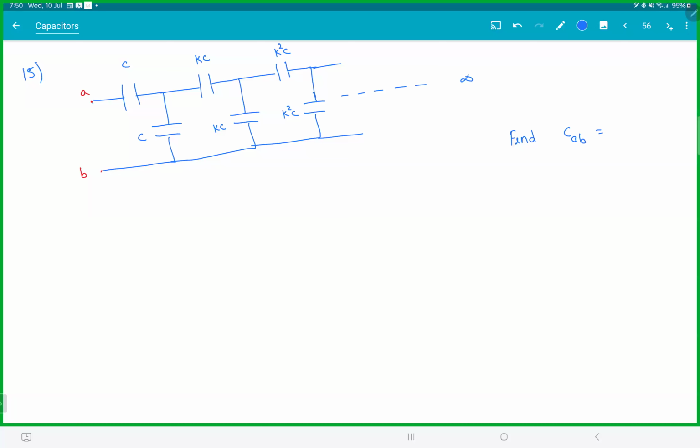How do we approach this? It's a quadratic.